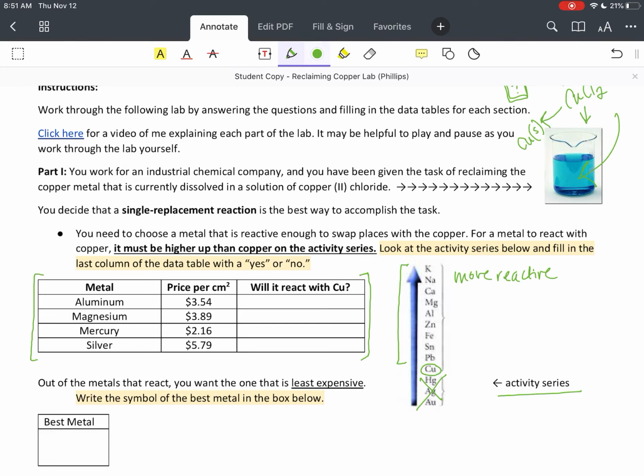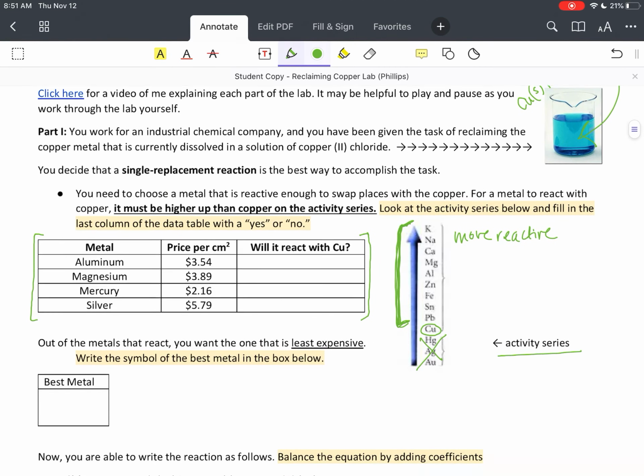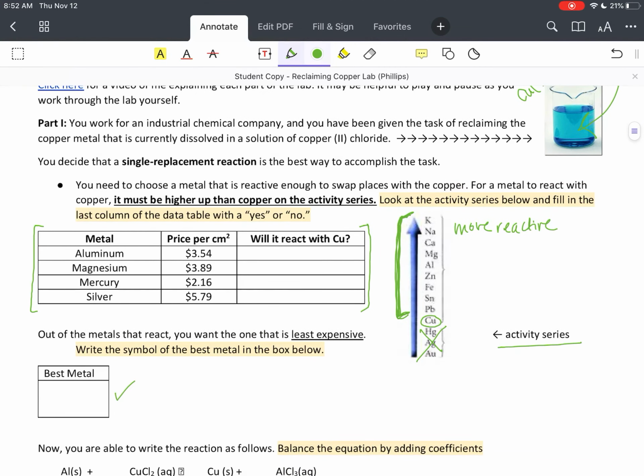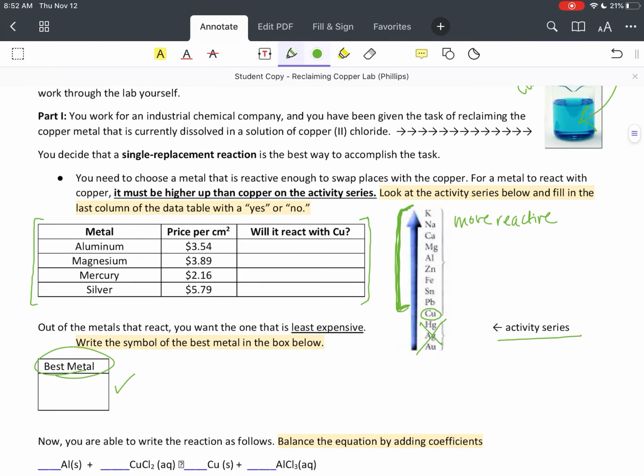He wants you to be able to do it using the least amount of money possible. But again, you have to make sure it falls within this upper arrow range over here. Otherwise, your reaction will not take place. So once you choose, you're going to put your metal in this box here. So you're just going to write your symbol there or write the name.